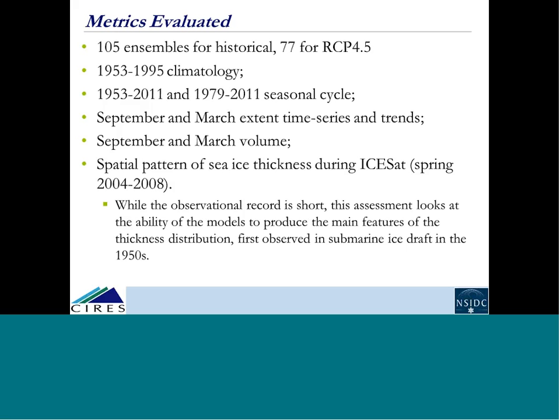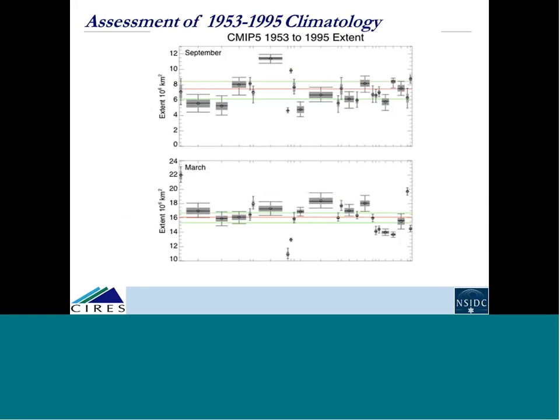We either don't have particularly long time series, or we have to rely on reanalysis estimates of volume in particular. So these are the metrics that we've chosen to look at, and I'm going to run you through some slides and show you how the CMIP5 models are doing.